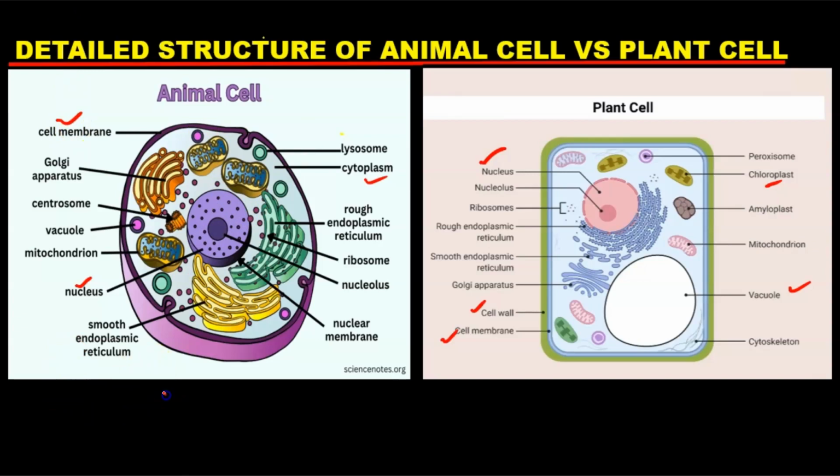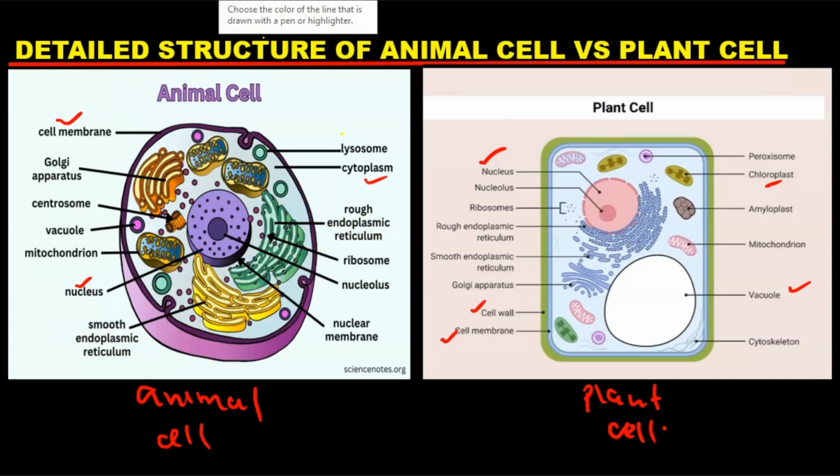This is the detailed animal cell, and this is the detailed plant cell. You can see in terms of parts, we have new parts now that we can talk about.